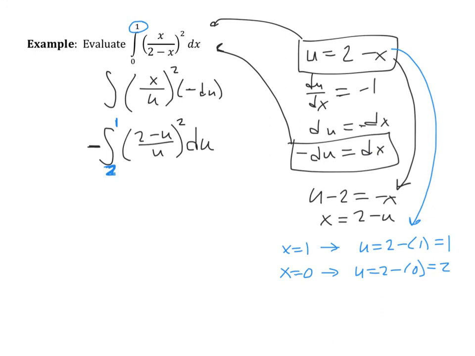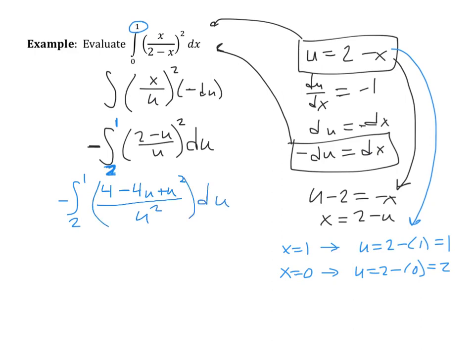Last thing I need to do now is just work this integral out. So I'm going to have the negative integral from 2 to 1 of, an algebraic manipulation says that, let's multiply this thing out. In the numerator, I'm going to have 4 minus 4u plus u squared. That's just me foiling that thing out, divided by u squared du.